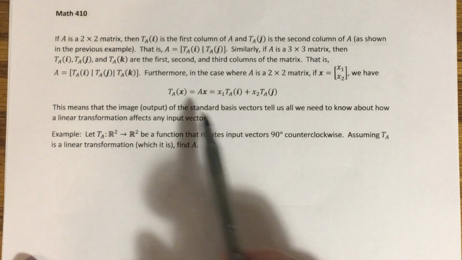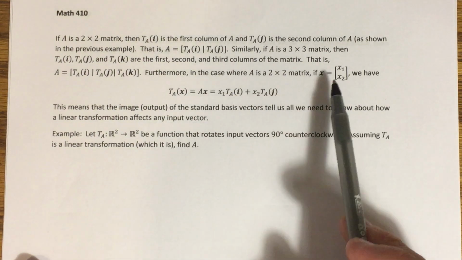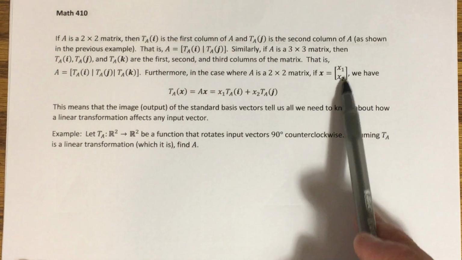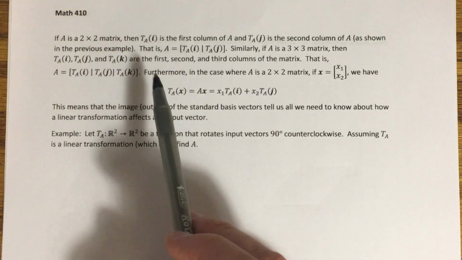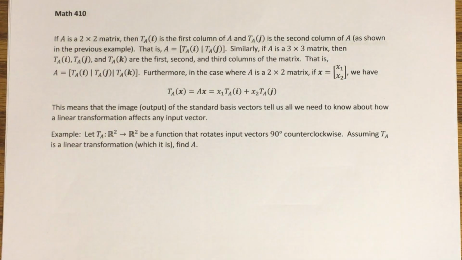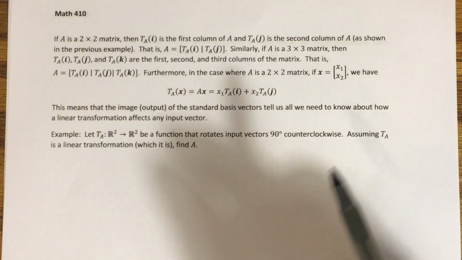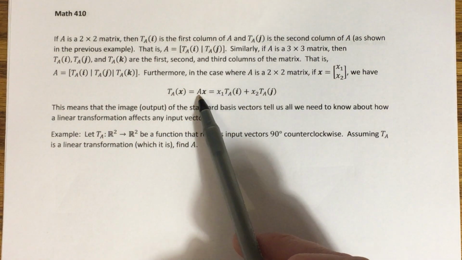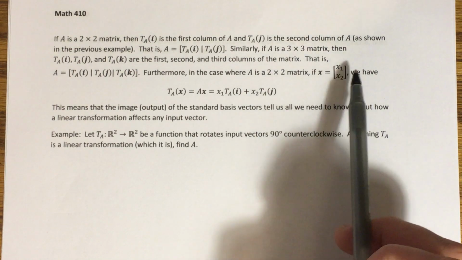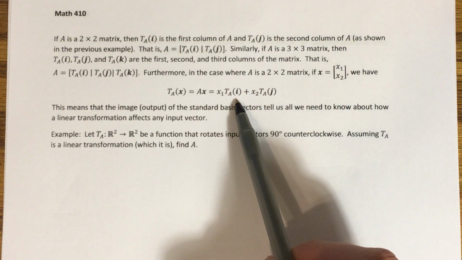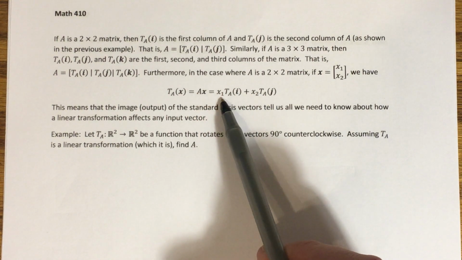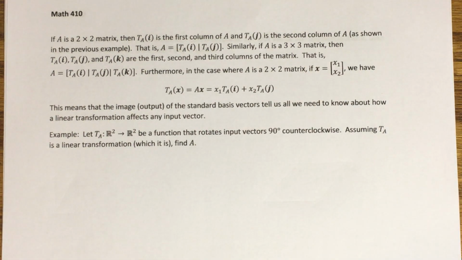Okay. Furthermore, if A is a 2 by 2 matrix and you want to multiply it on the right by any column vector x, so I'm keeping this general now, x1, x2, then from the way that we characterized matrix multiplication back in section 1.3, remember we gave a bunch of equivalent characterizations of it, we showed that if you multiply a matrix by a column vector on the right, then you can write that matrix multiplication as a linear combination of the columns of your matrix A, where the coefficients are just the entries of this vector.